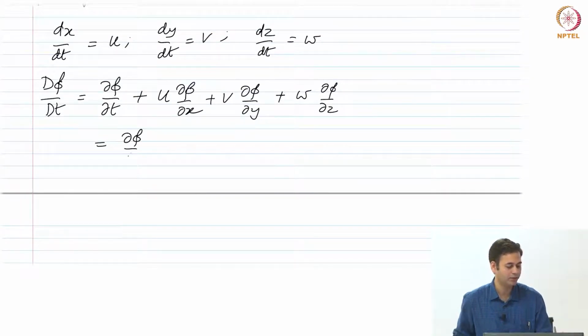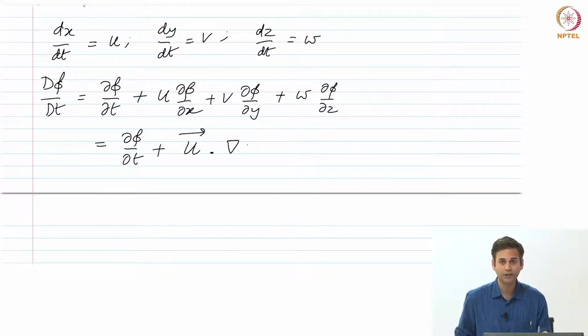So this will be partial phi partial t plus the velocity vector u bar dotted with the gradient of the scalar field phi, so u bar dot grad phi. That is your D phi Dt.